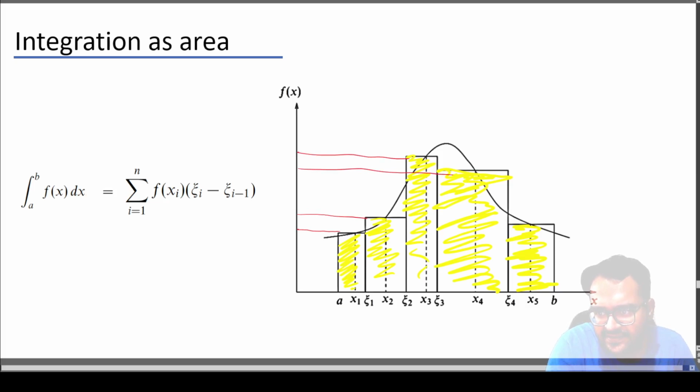And you multiply those heights with those widths, and you get those areas, and add those areas up, you get that integration. Okay.